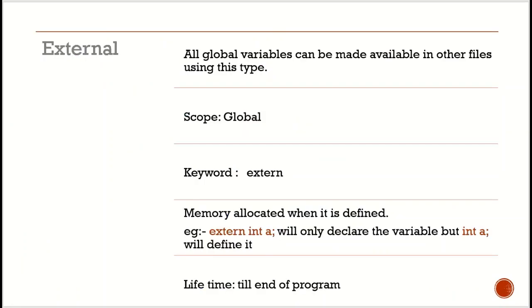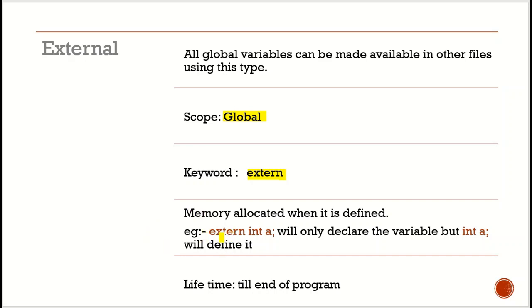Now we'll see external type. All global variables can be made available in other files using this type. To make a variable of our file available in another file, we use the external storage class. The scope of this storage class is global. The keyword is extern. Memory is allocated when this is defined.